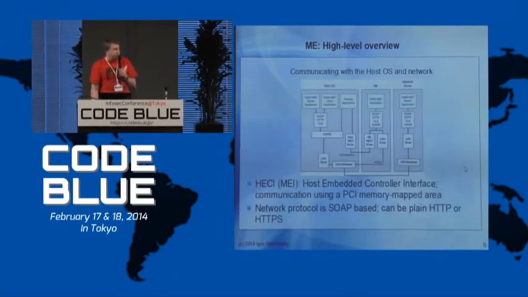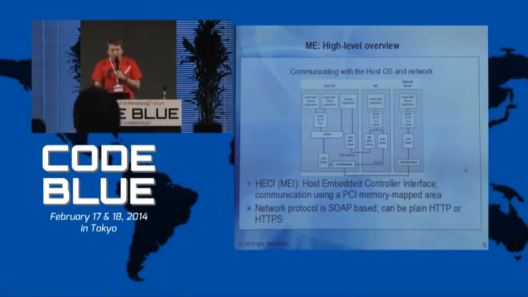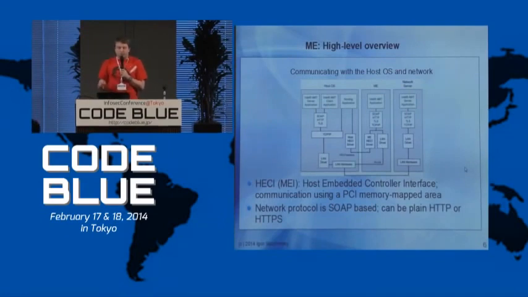Now, how does it communicate with the outside world? It has two connections. It has a connection to the host CPU, by which it can communicate with the OS with various drivers. And this connection was called the Host Embedded Controller Interface previously, and now it's called the Management Engine Interface, MEI. And this interface works over the PCI bus. There is an additional interface that it can use, which is network-based.